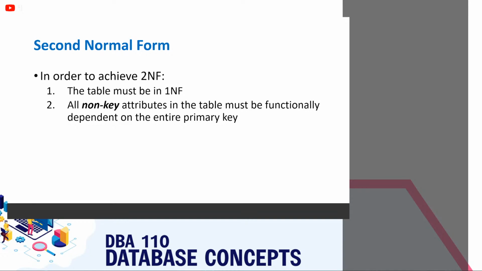And then to get into second normal form, all non-key attributes in the table must be functionally dependent on the entire primary key. And now in second normal form, in a regular environment, the primary key could be multiple columns, right? Which is why we say entire primary key here.